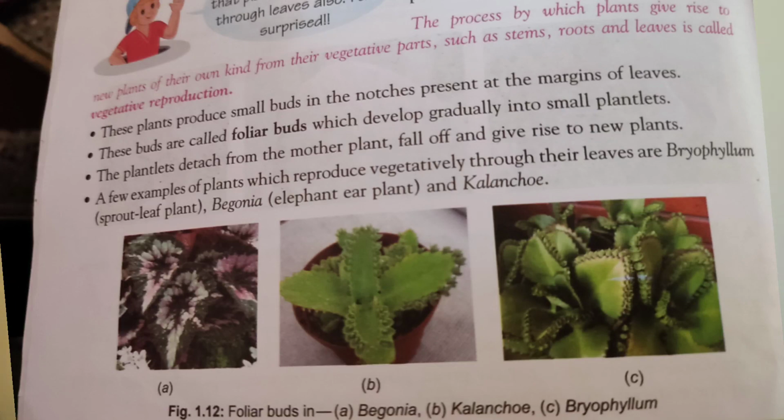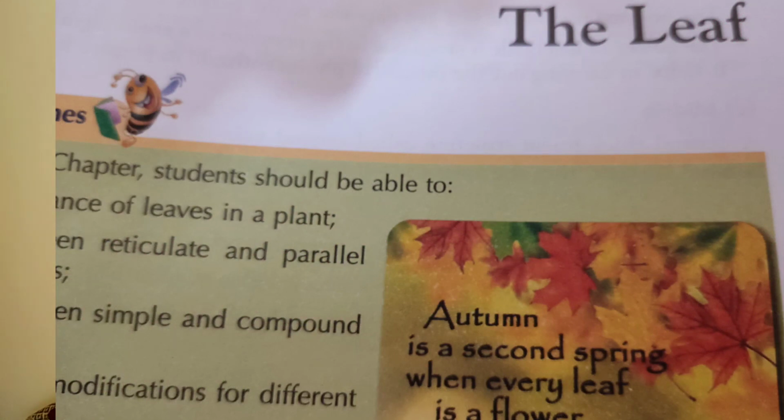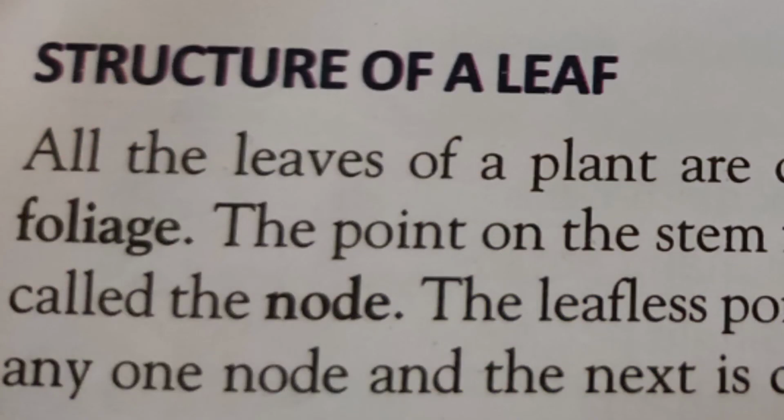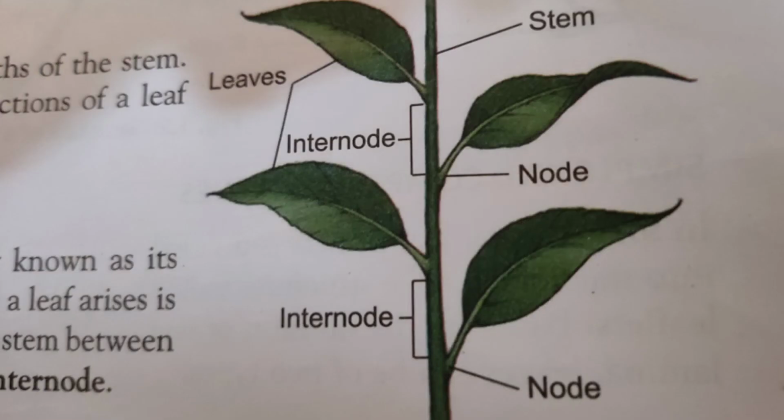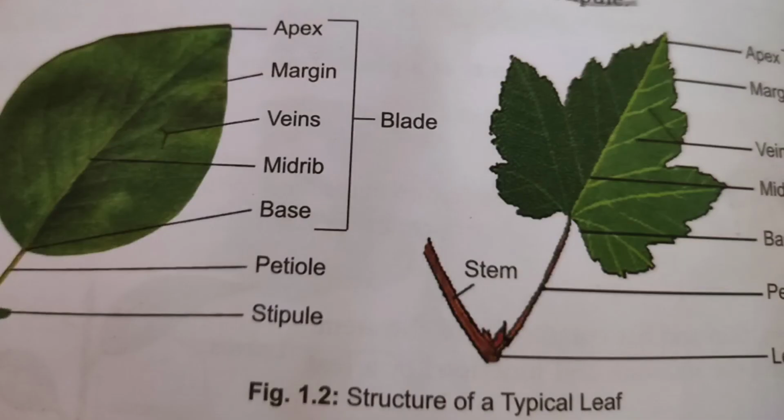So, this is what we have learnt in this particular lesson, that is the plant life. So let us recapitulate whatever we have learned. Number 1, we have learned about the leaf. Then we have learned about the different structures of the leaf, that is petiole, leaf blade, midrib, veins, leaf base.